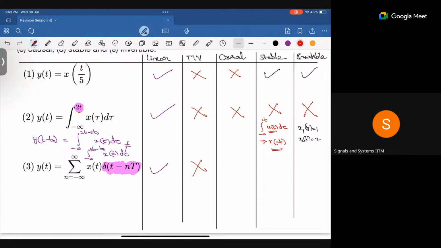The delayed output will impact this delta of t minus nT also, whereas the delayed input will not have any effect on this. So if you see any other expressions containing t but not x of t, then you can close your eyes and blindly tick it is time variant.